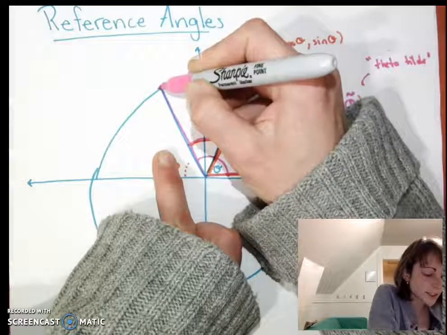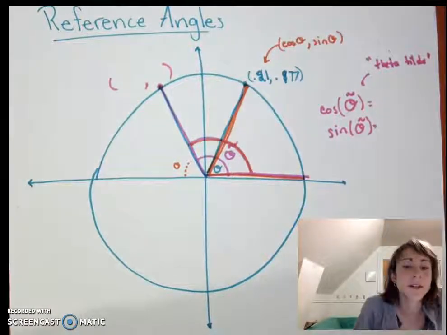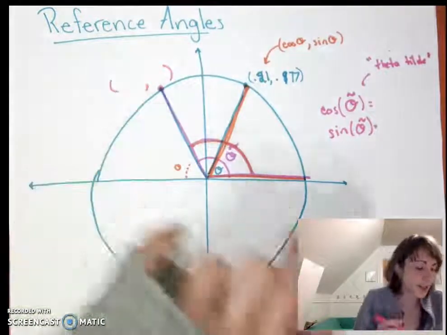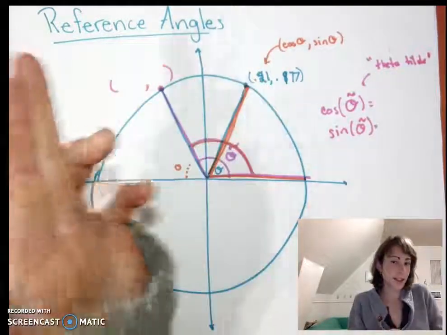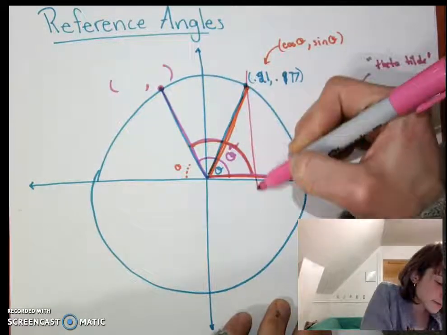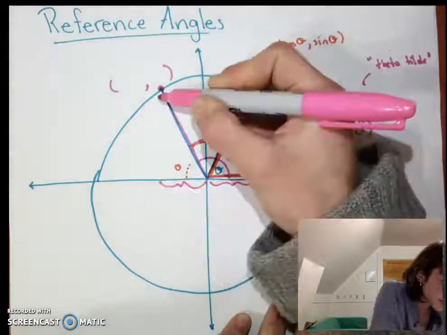So basically I just need to know the coordinates of this point. But this is easy to do because it's just the reflection of this ray into quadrant 2. So if you think about it, since I've reflected, this distance is the same as this one.